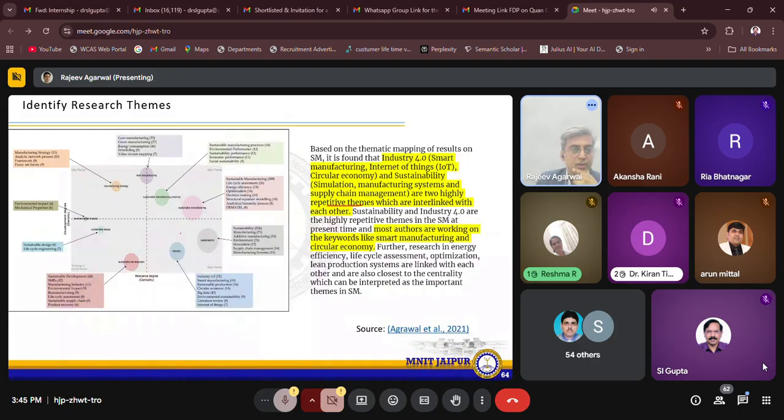So this particular theme is a research theme where Industry 4.0, sustainability, sustainable manufacturing are the key terms. Most authors are working on keywords like smart manufacturing, circular economy. So research is required in energy efficiency, life cycle optimization.